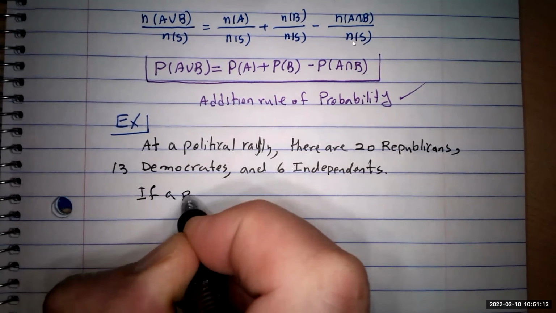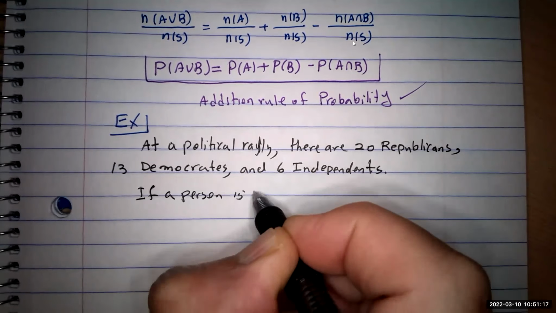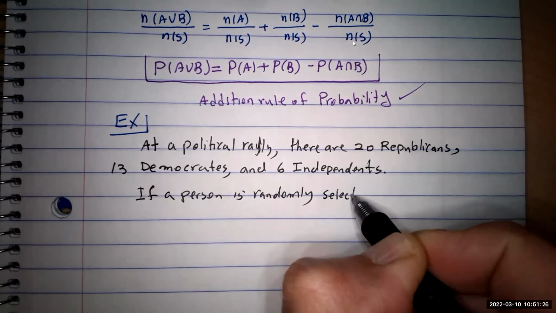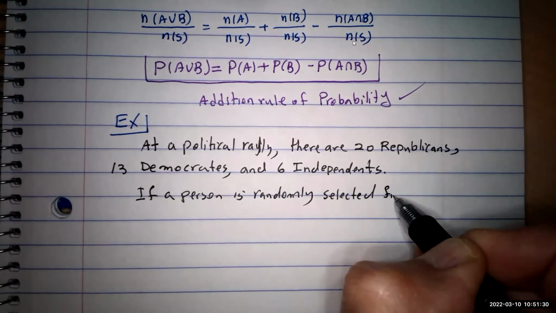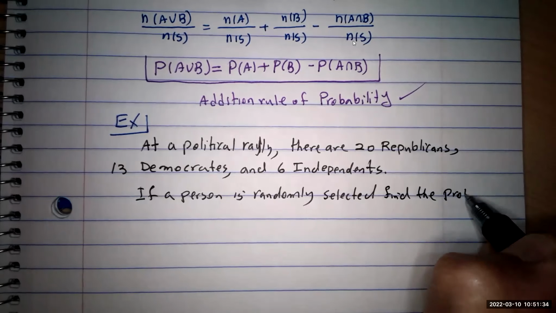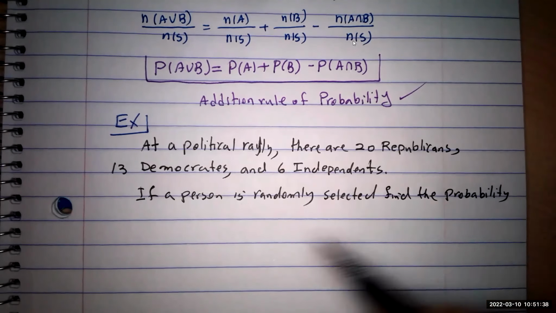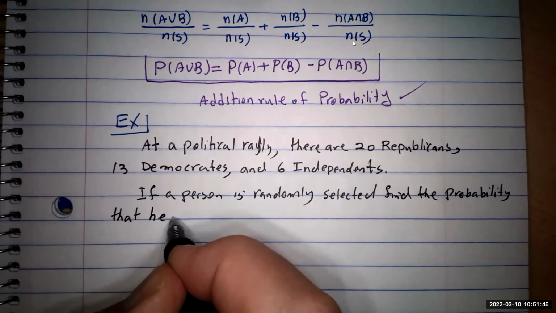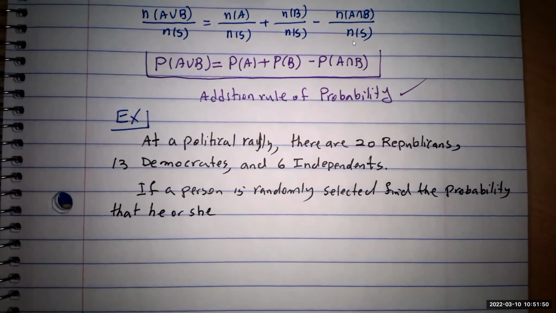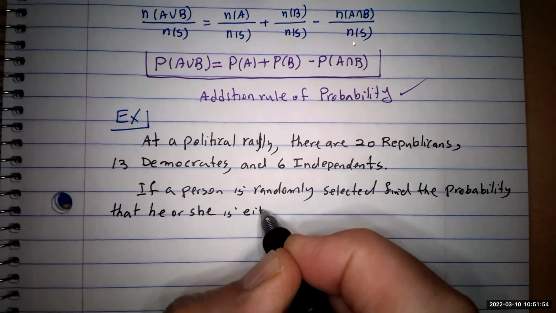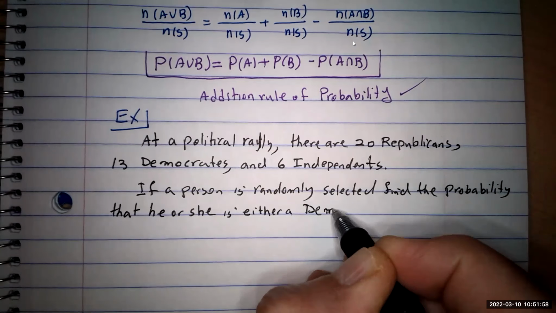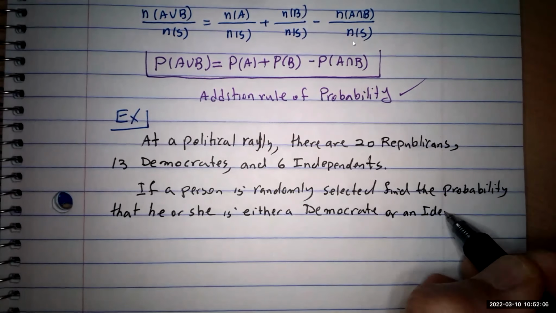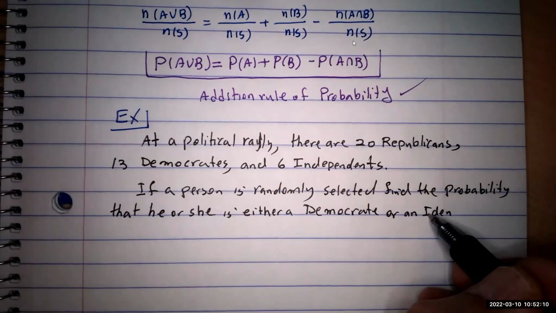If a person is randomly selected, we want to find the probability that the person, he or she, is either a Democrat or an independent.